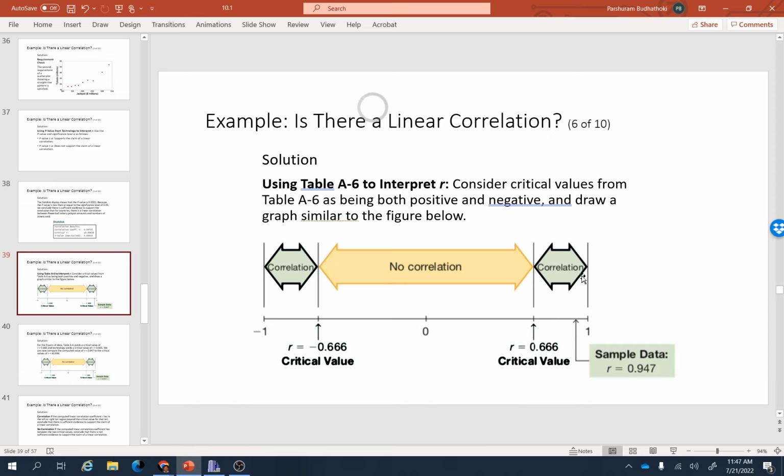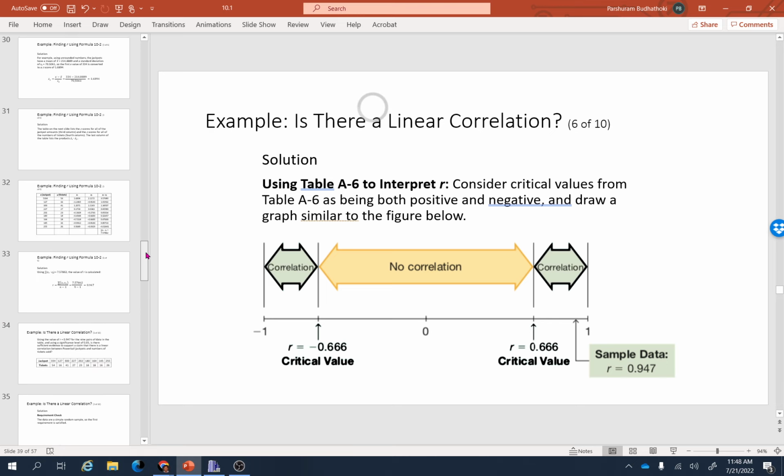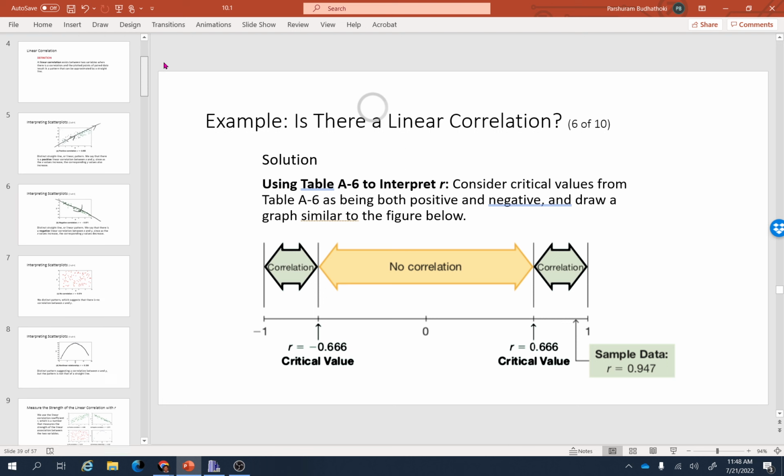Anything above 0.5 or below negative 0.5 means there is a correlation. So we are going to use this to find out the correlation. I'm going to show you one example where you can use the calculator and make this conclusion.